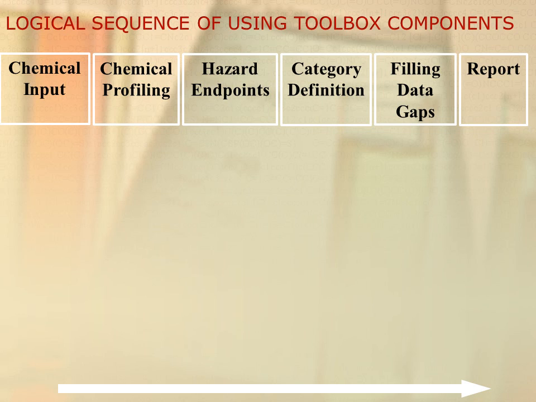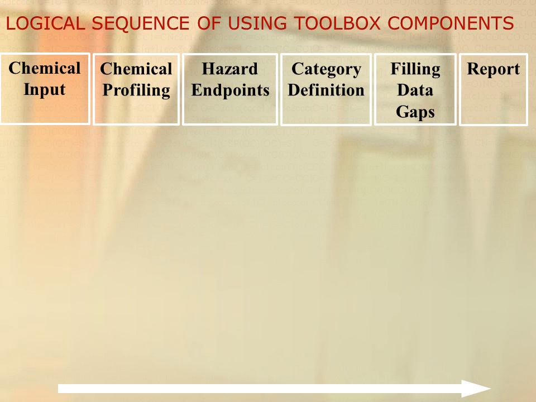When you turn on the Toolbox software on your laptop, you will come up with a series of 6 headings across the top, which are shown on this slide. And we think these components are a logical sequence or flow that a normal analysis would entail.